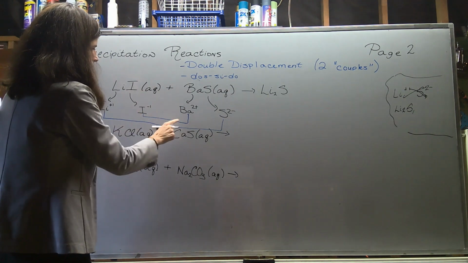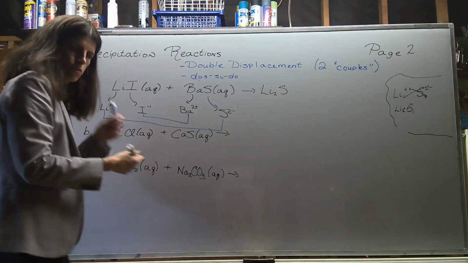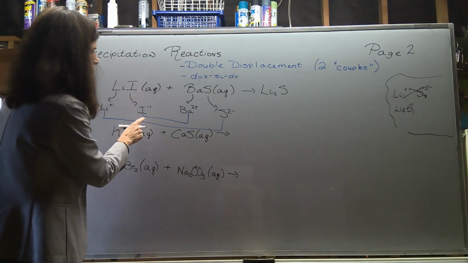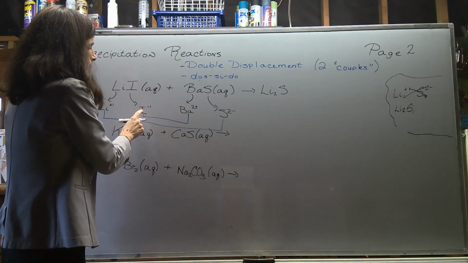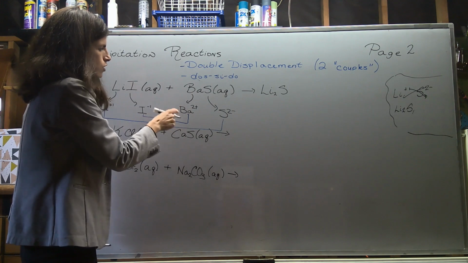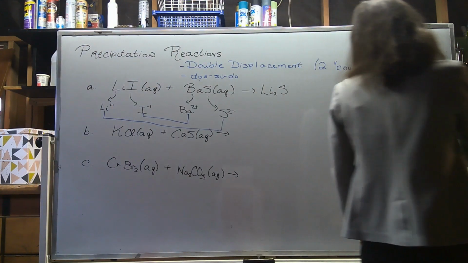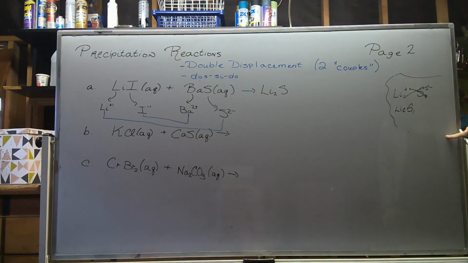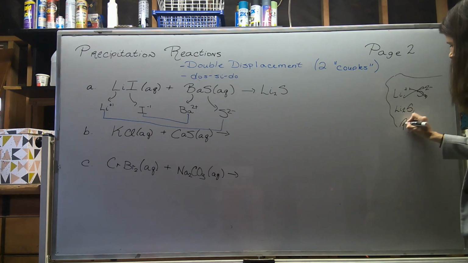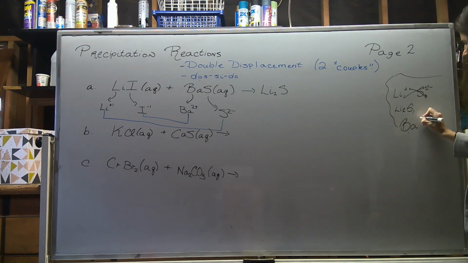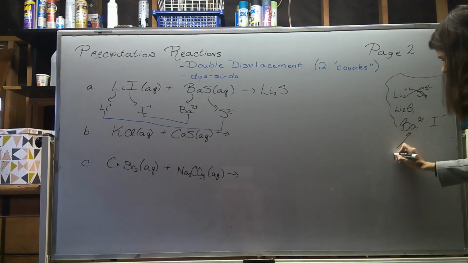All right, in the middle, the other two people that do-si-doed, switched partners. The barium and the iodide, we need to reorder this because remember when you do crisscross, the positive one always has to go first. So we have barium 2+ and I-. Just make sure the positive is first.